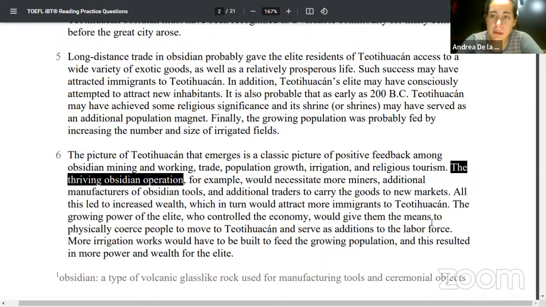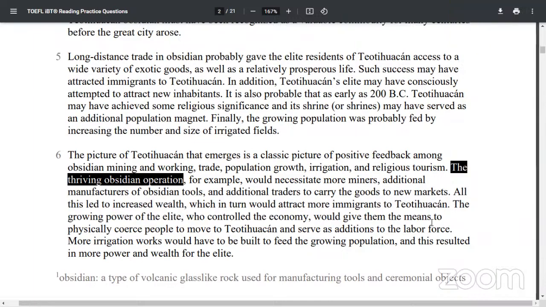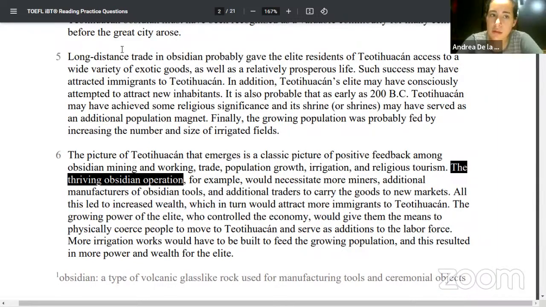Evelyn, what is the 5th one about? The fifth paragraph is about the obsidian. Okay, yeah. It's about obsidian. It's about trade as well. And basically, it's about their prosperous life, their prosperity.